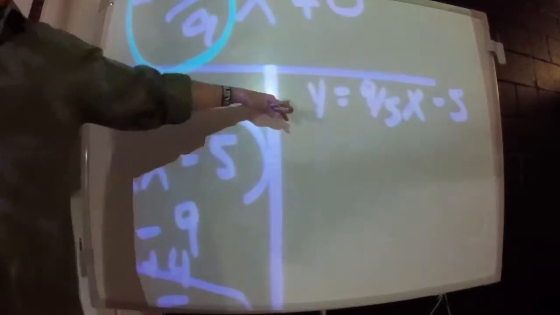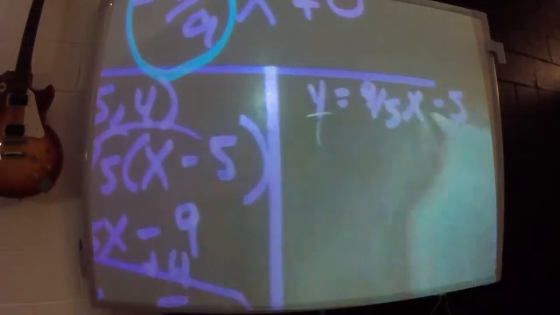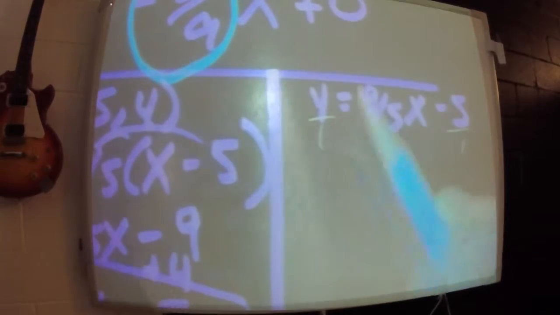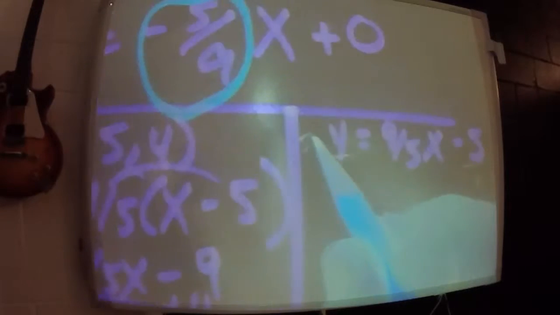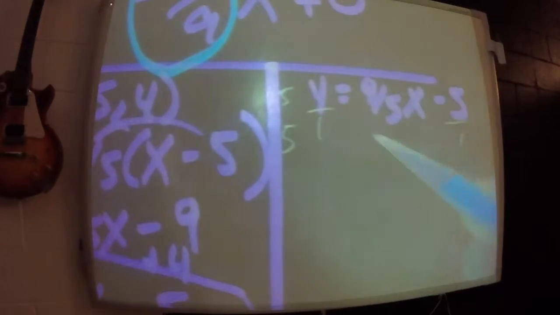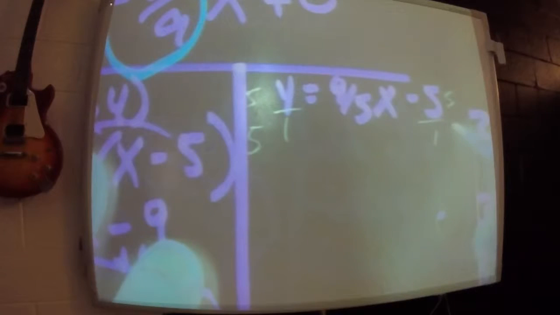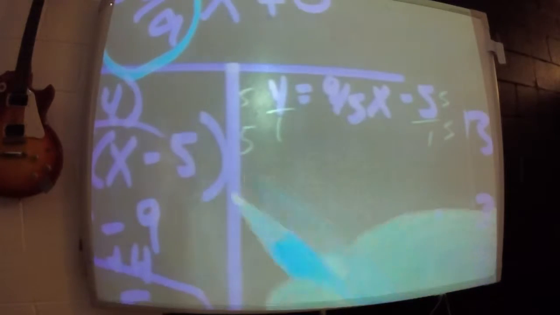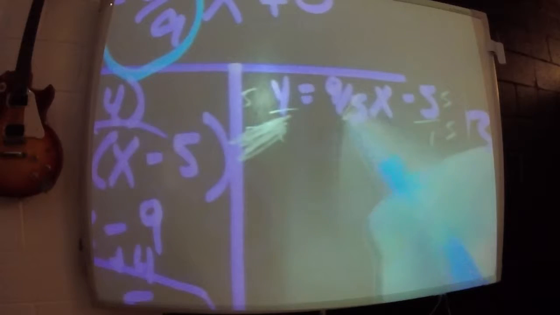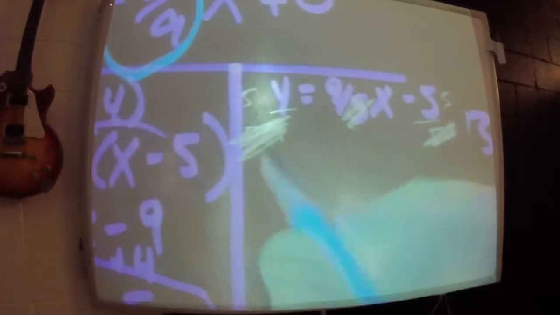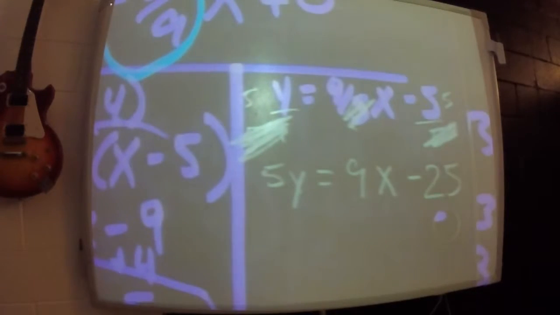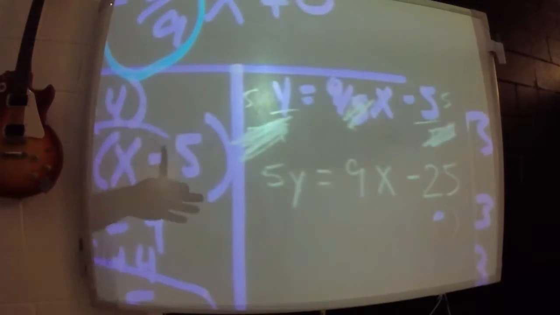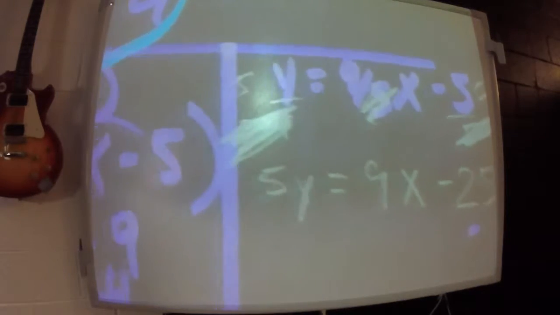So I'm going to put these over 1, and I'm going to multiply both of them by 5 over 5. And then I'm going to multiply this one by 5 over 5. The whole point is they're all fractions with 5s on the bottom, so I really have 5y equals 9x minus 25. So if you kill fractions immediately, it might make it a little bit easier.